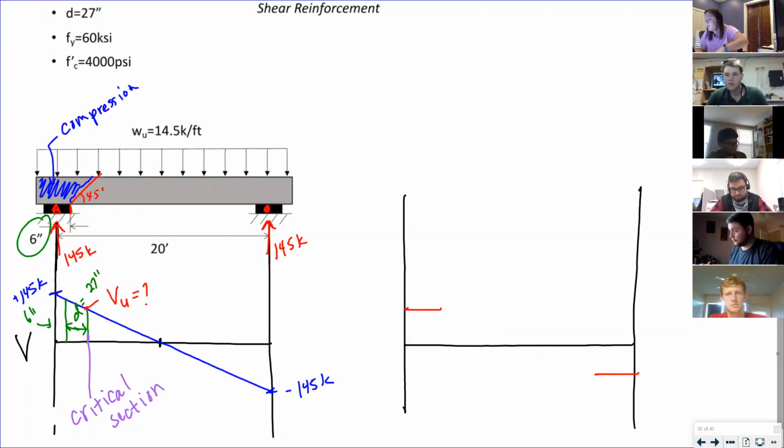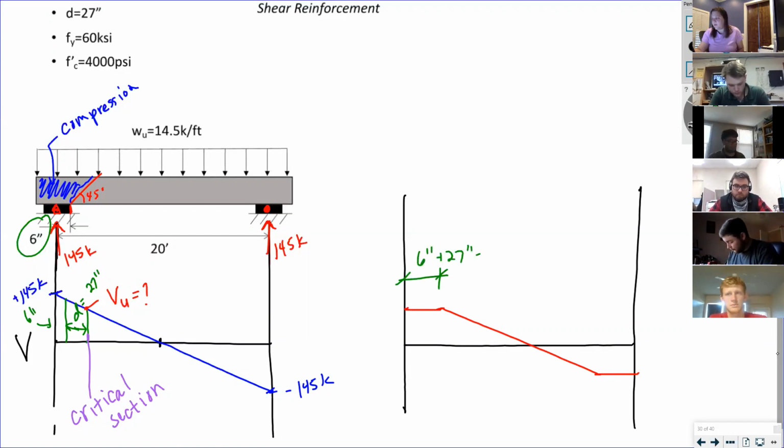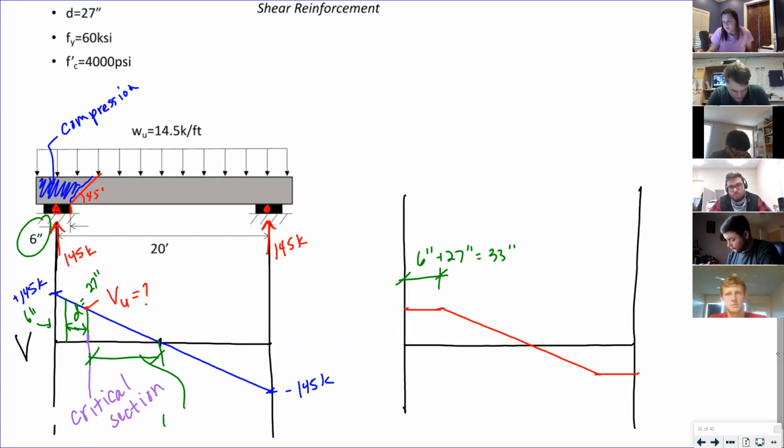With this distance being 6 inches plus 27 inches, so 33 inches. And for this value, just use similar triangles, right? This distance right here is 10 feet minus 6 inches plus 27 inches.